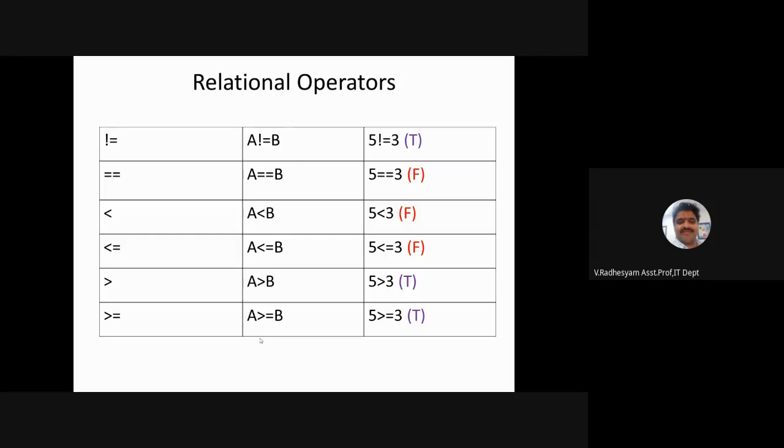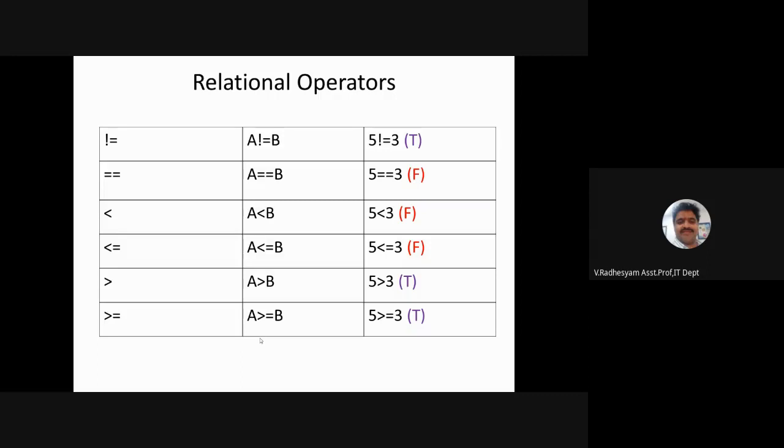Come to relational operators. For the case of relational operators, not equal, double equal, less than or equal to, greater than or equal to, all are supported in C programming also. In Python also the same relational operators continue.